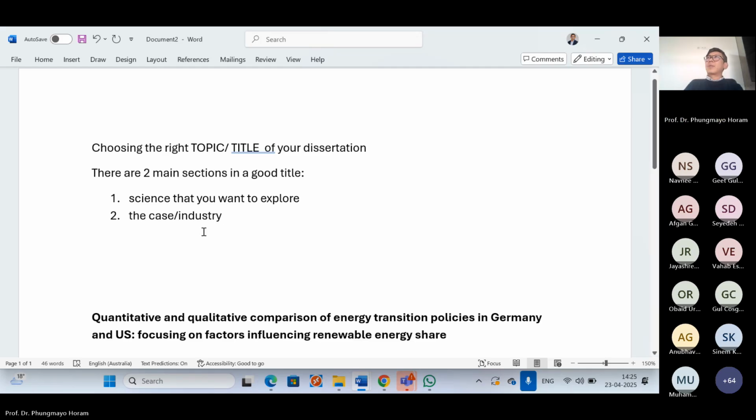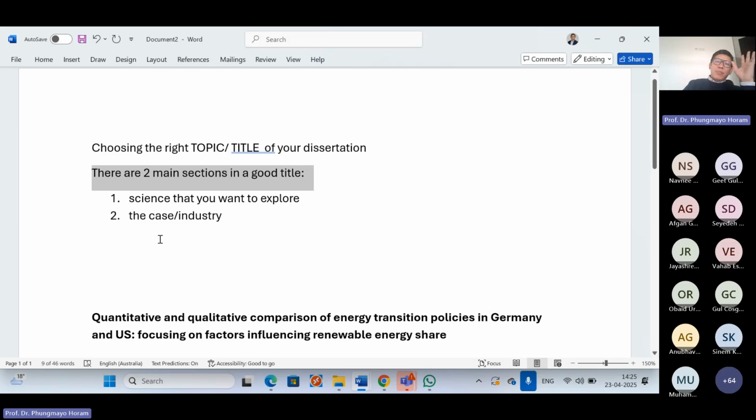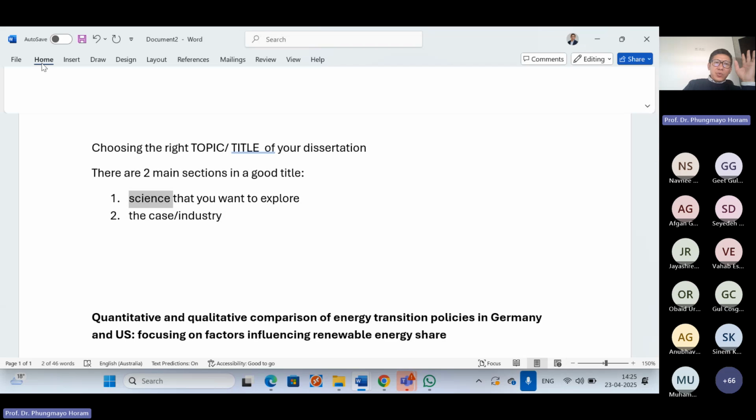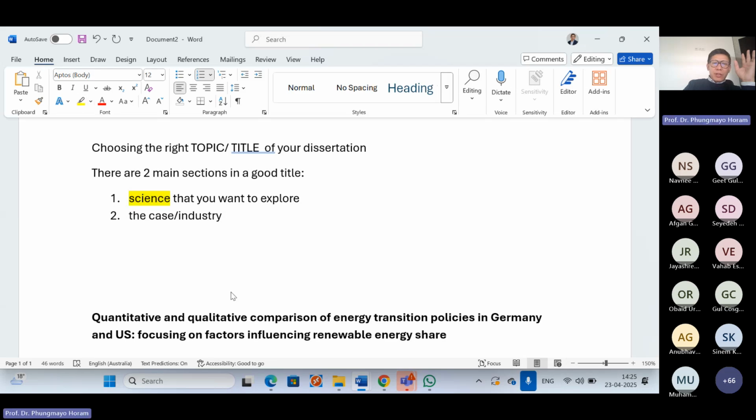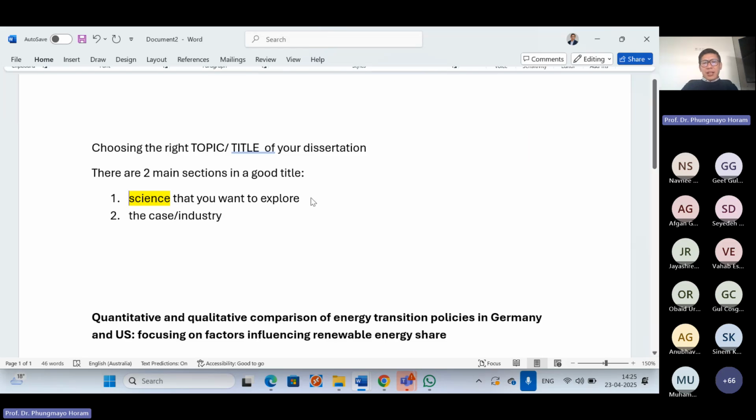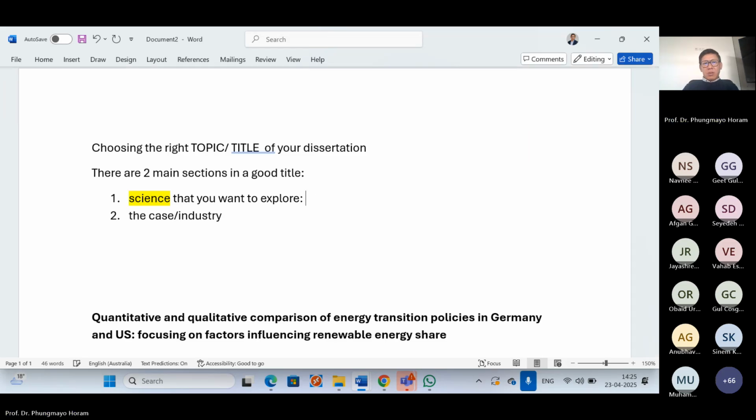All right. Now, when you look at any dissertation, you can divide it into two main parts. The first part is the science that you want to explore. So what do we mean by science? What do I mean by science? Science could be any topic that you want to explore.